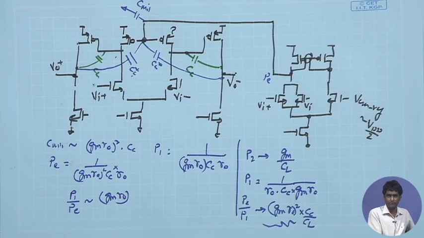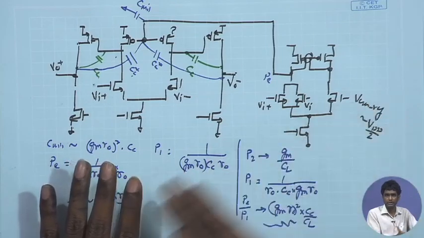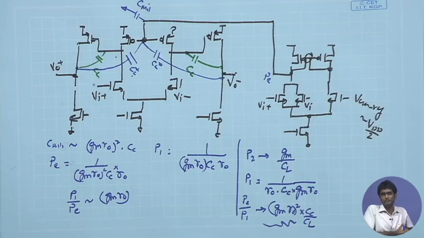Whatever simulation exercises have been recommended so far, they are very much aligned with the discussions we had for the single loop common mode feedback, as well as now we have done detailed discussion on the dual loop common mode feedback. So, there is a good combination.